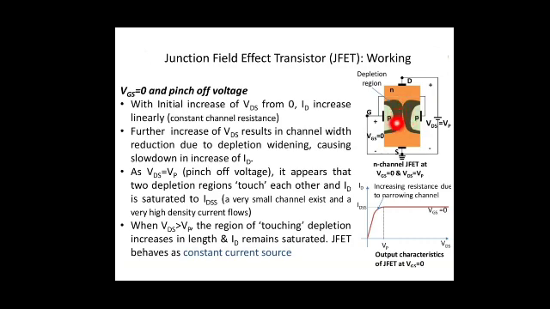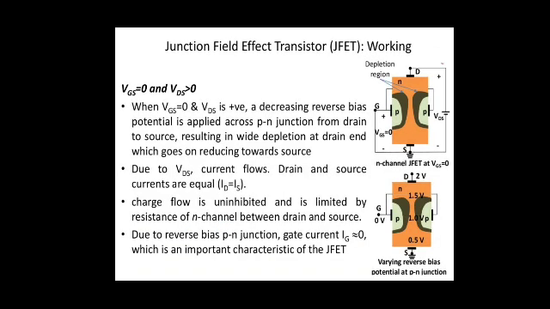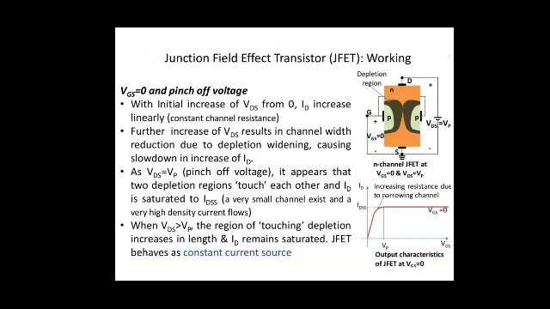At this VDS the channel width is almost 0, negligible. This width is known as the channel width, the orange path. Here you can see the orange path from source to drain is almost negligible.